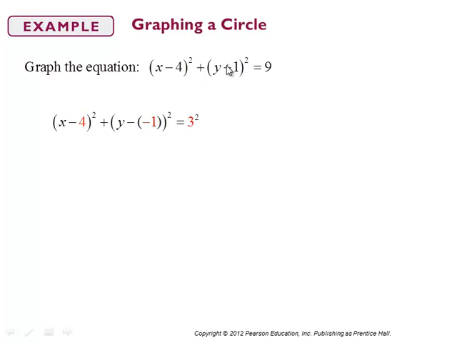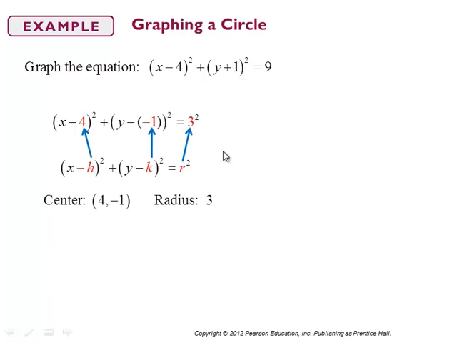You see the y plus 1? Think about that y plus 1 as y minus -1. So we see the coordinates of the center point is 4 comma -1 with radius 3, because 9 is 3 squared. Okay? So there's our center, there's our radius.